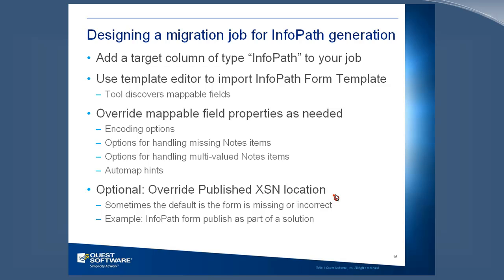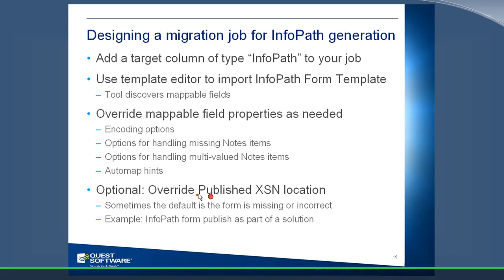So a common example of this is if you have published your InfoPath form to Central Administration as part of a solution, then it may not have the right XSN location name. And so there, in our template editor, we have a place where you can override the XSN location. And then the documents will open properly, pulling the form down from the right place.